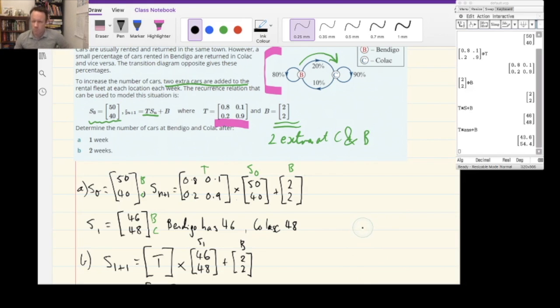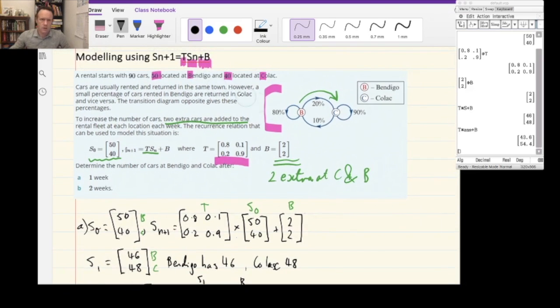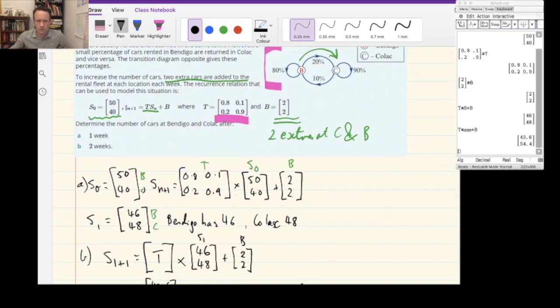One other point to note: if you get one of these questions with T times Sn plus B, so you're adding the common difference, if you're familiar with the recursion work we used to do, you can't perform this as a rule. This has to be recurrence, all the way.